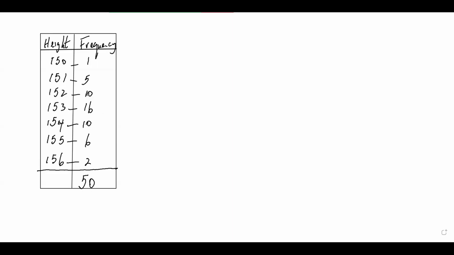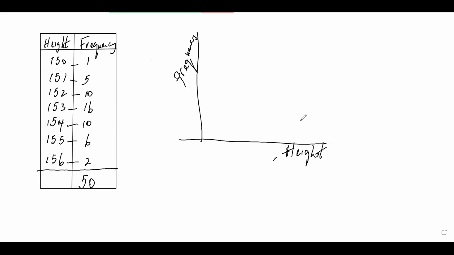So the question is to draw a histogram. So we're going to put the frequency and each number would represent each bar. So you're going to put the frequency on the y-axis, and put your height on your x-axis, and of course, do your frequency up to 16, 1, 2, 3, 4, 5, 6, 7, 8, up to 16.